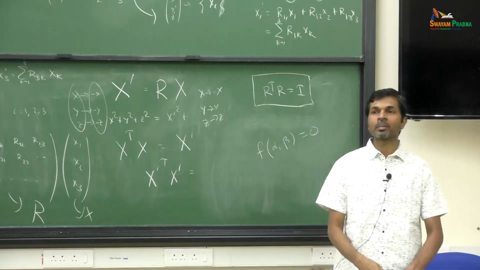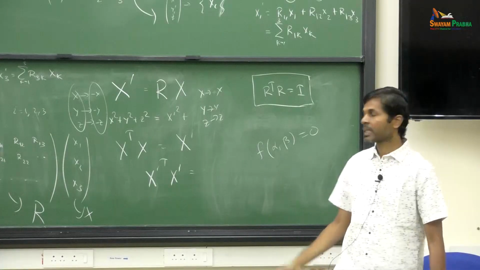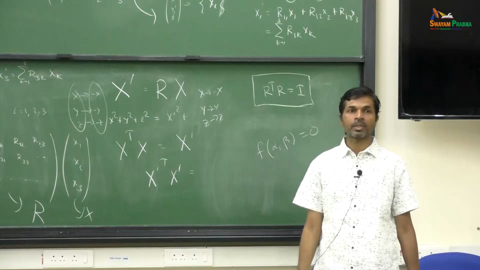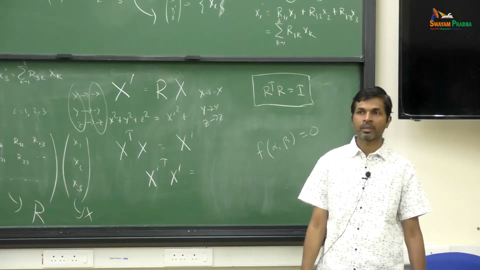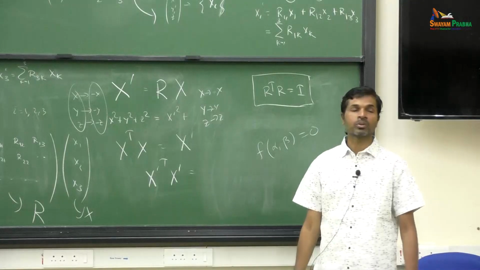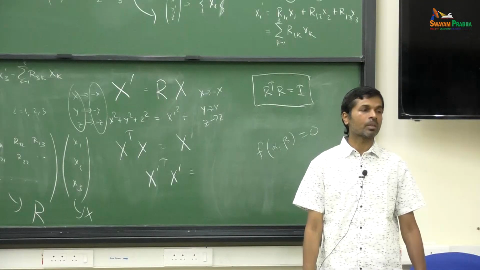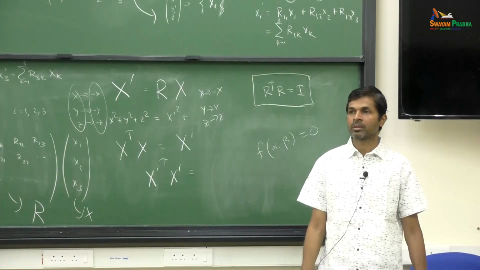Then these 2 parameters will not be independent, because there is a relation between them, and you can use this equation to eliminate one parameter. So you will have only one independent parameter.